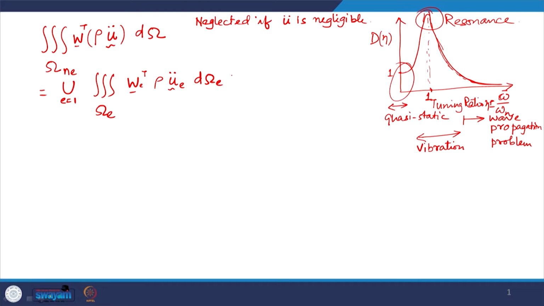So, the domain integral is taken over each individual element, and then it is all assembled together, from element number 1 to the total number of elements in the domain. So, the total integral over the total problem domain is represented as this integral evaluated at individual elements separately, and then assembling all the results together.